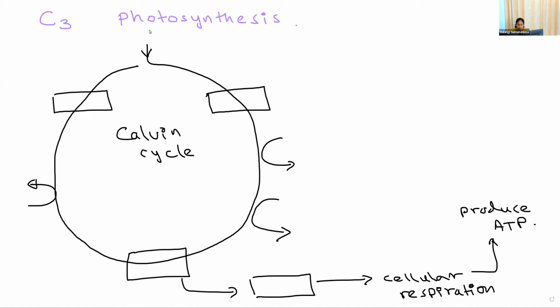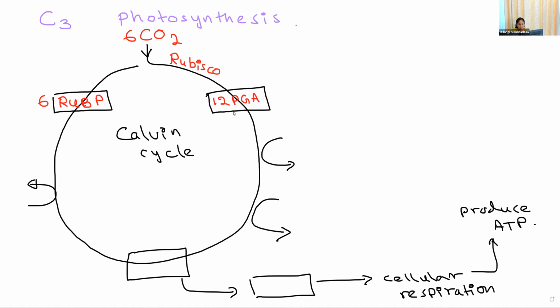So we are bringing carbon dioxide into the Calvin cycle with the help of the RuBP. We're going to fix 6 carbon dioxides, and for this, we are using Rubisco as the enzyme.